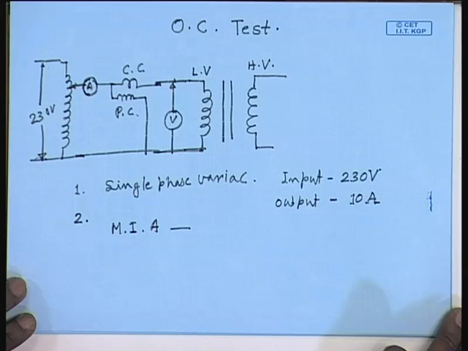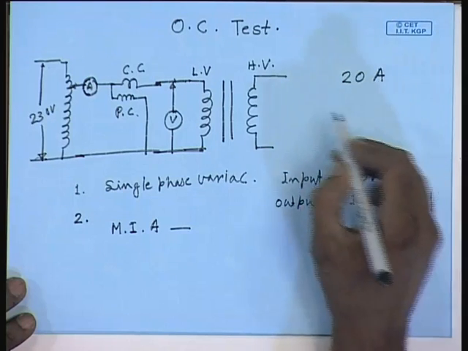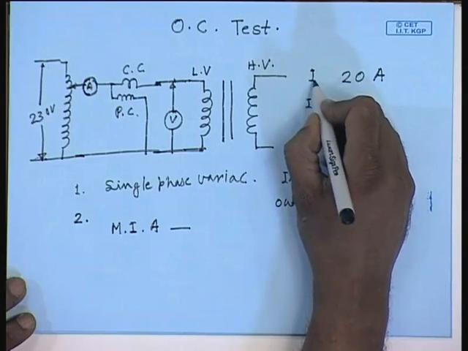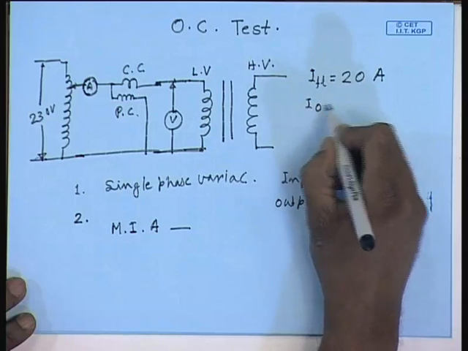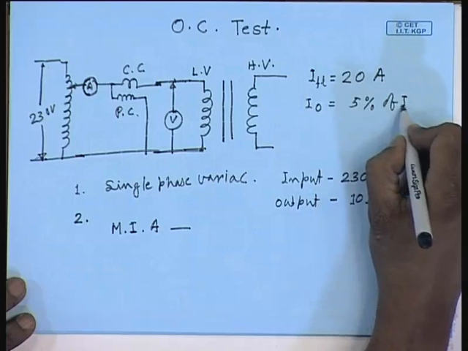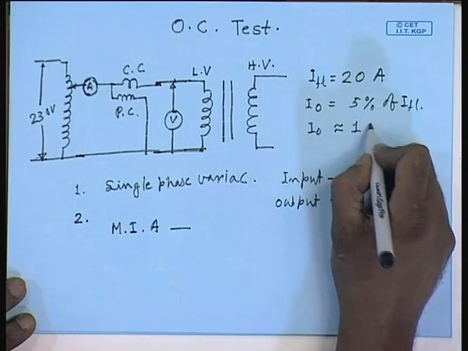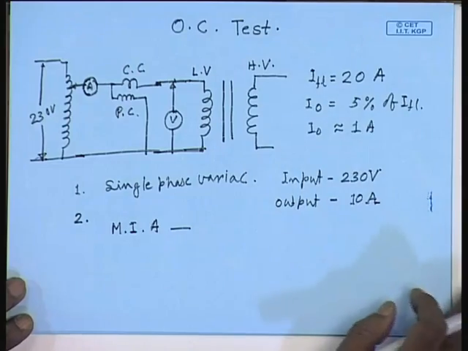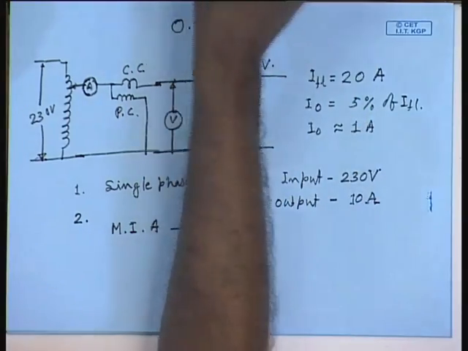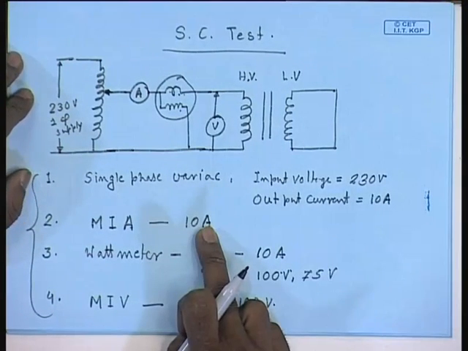For this particular case, on the LV side, the rated current is 20 amperes, and the no load current I0 is usually within 5% of IFL. So, I0 may be 1 ampere. So, whichever ammeter we have chosen for the short circuit test could have been sufficient.